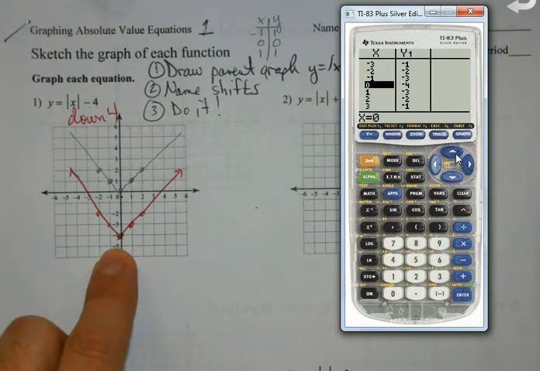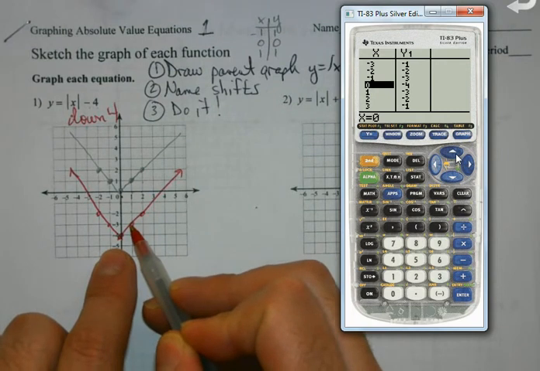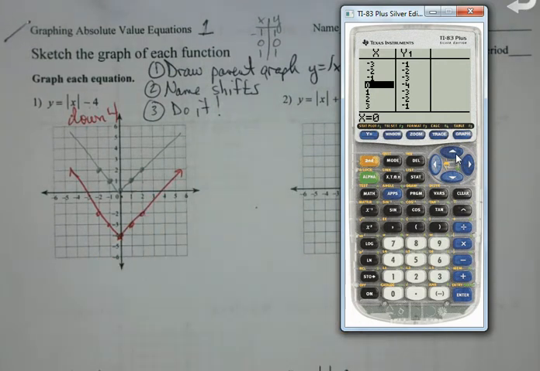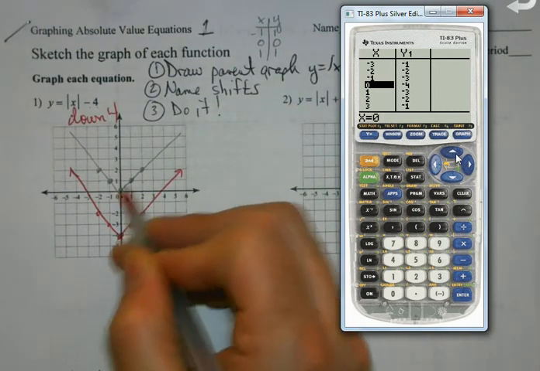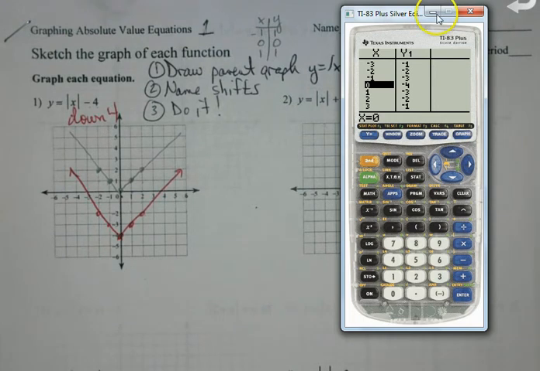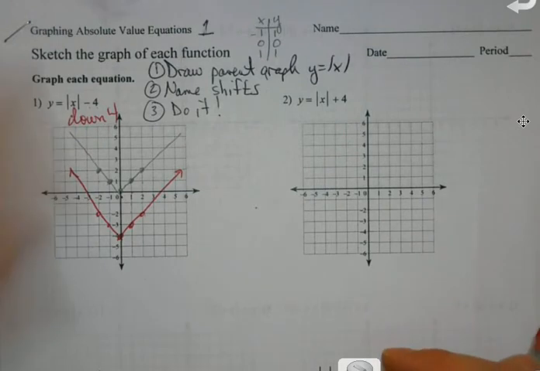Well, looky, looky, there's 0, negative 4. 1, negative 3, just like in the chart. 2, negative 2, just like in the chart. So by drawing that parent graph every time, just doing 0 and 1s and 2s and then shifting them, who needs the calculator? Now, what happens when a bunch of stuff starts happening?